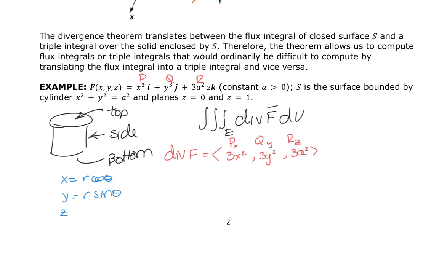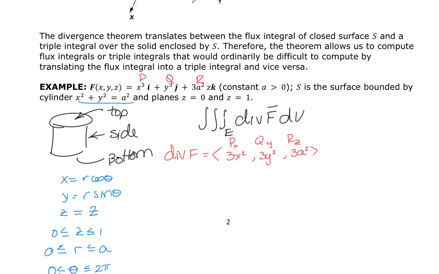So I'm looking at this cylinder, and I see that z is going to run between 0 and 1. That's z. r is going to run between 0 and a, because that's the radius of our cylinder. And theta, of course, is going to run between 0 and 2 pi.